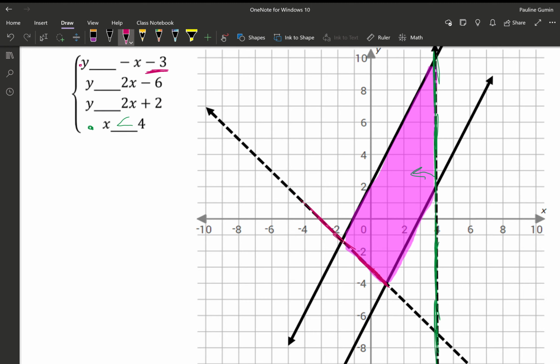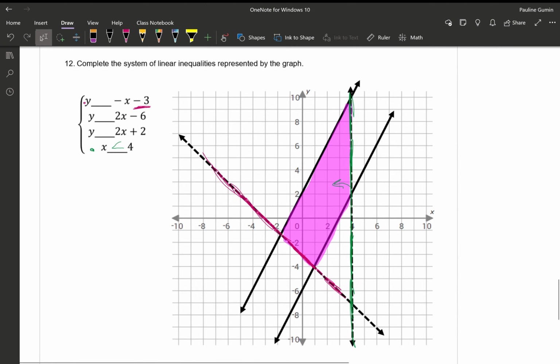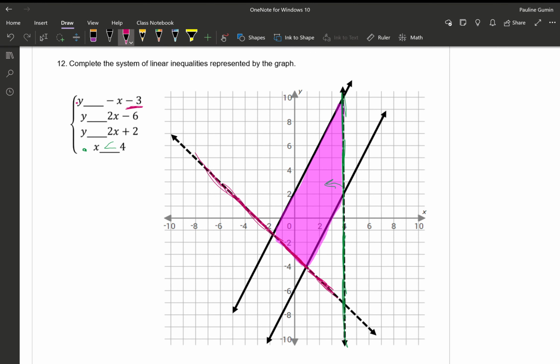So I'm going to color that in so we can see it. All right. So that line is dotted, so it won't have a line underneath its symbol. And which way is it shaded? Well, if I put my pen on it, I drag my pen upwards, so it is greater than.